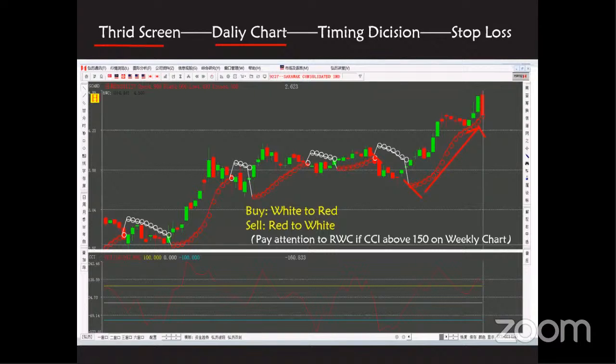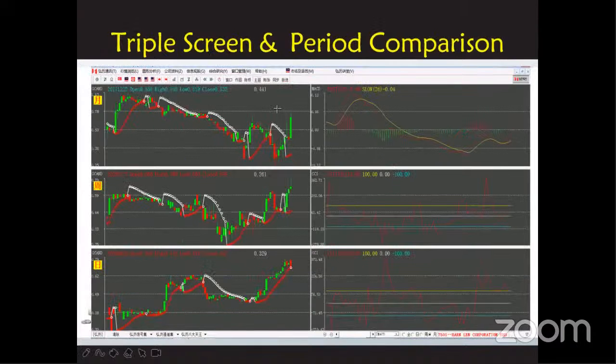I think after this it will be more clear, because the analysis steps from the monthly chart to the weekly chart, and then the last step, the daily chart, are very similar to our investment philosophy, which is long-term first, then short-term next, right?